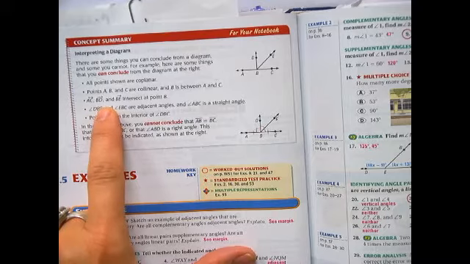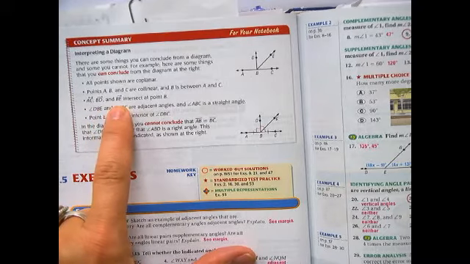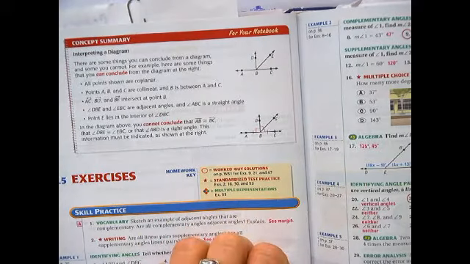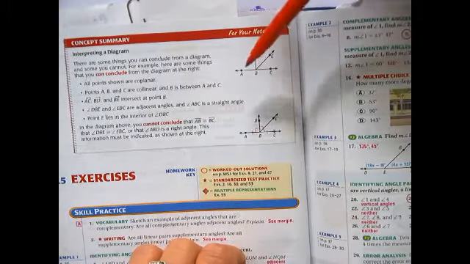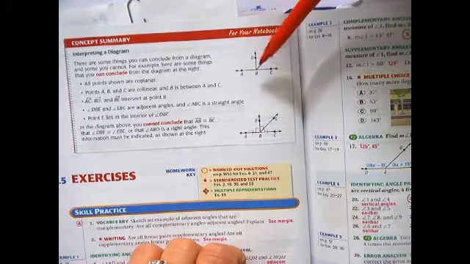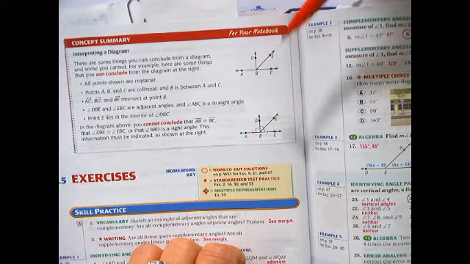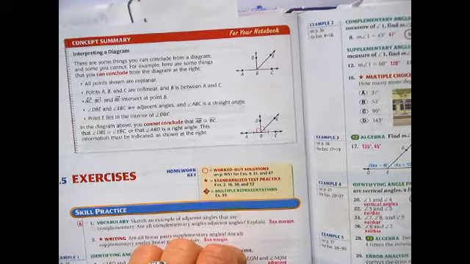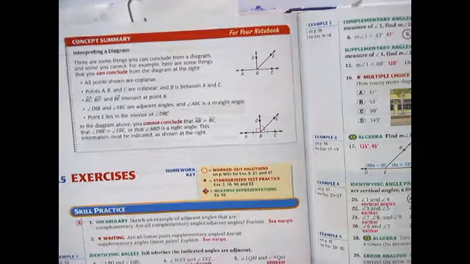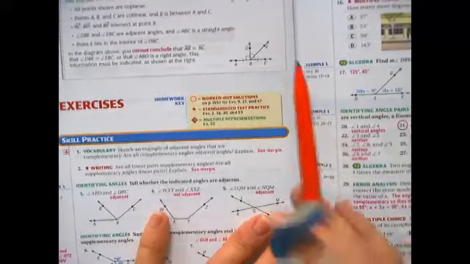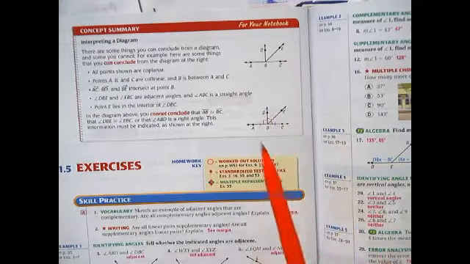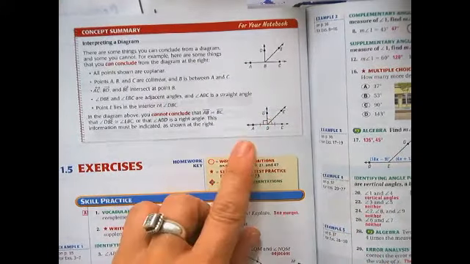And that B is between A and C. You can conclude that line AC, ray BD, and ray BE all intersect at point B. You can also conclude that DBE and EBC are adjacent angles, and that the whole thing, angle ABC, makes up a straight angle.